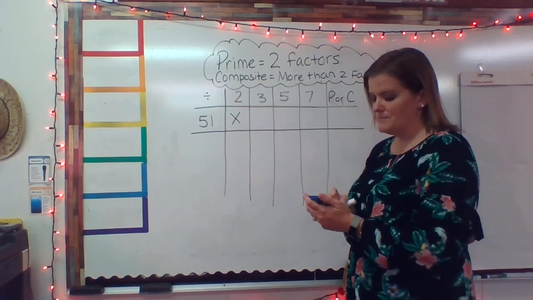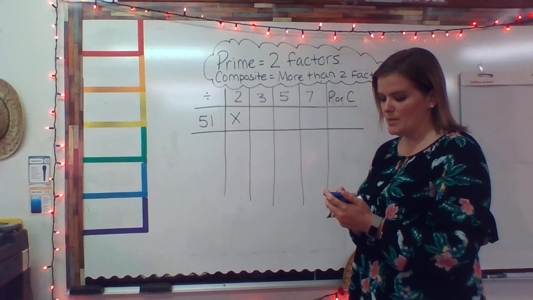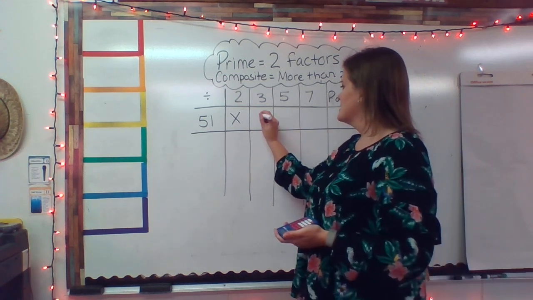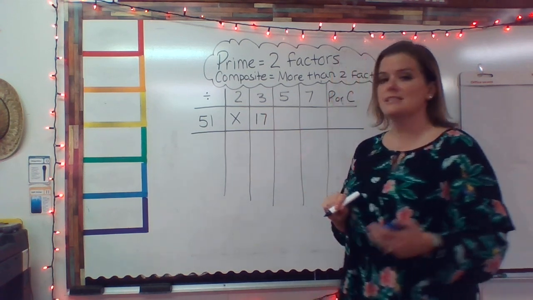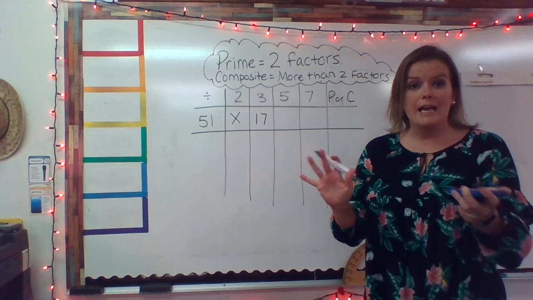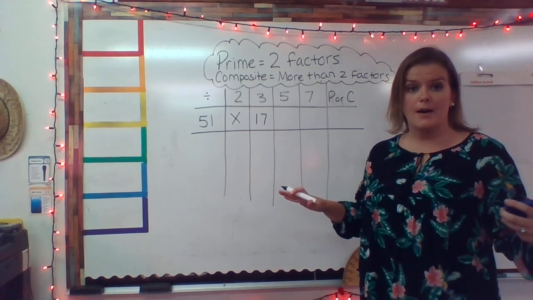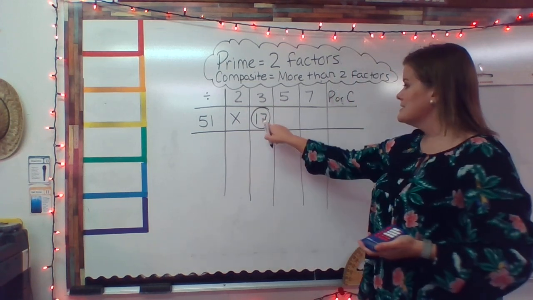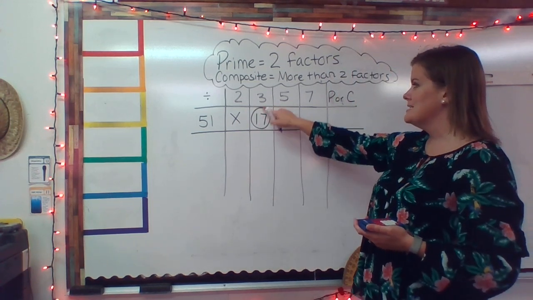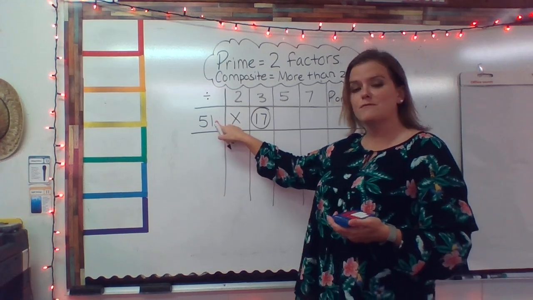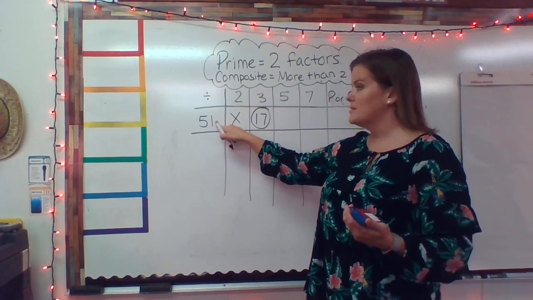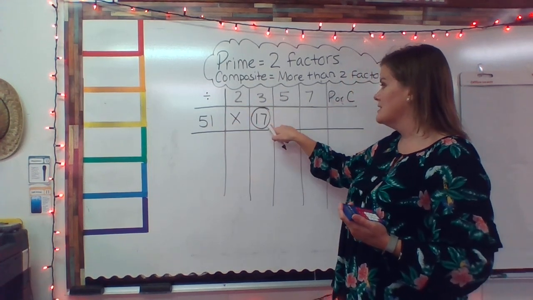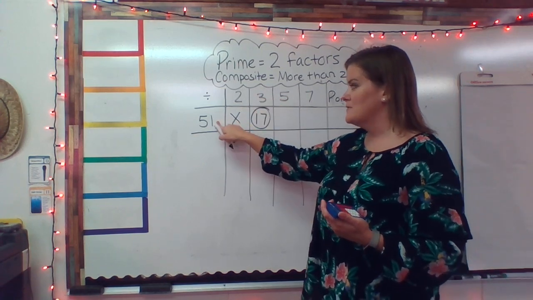51 divided by 3 is actually 17. So as soon as I get a whole number in my chart, anywhere at any point, I'm going to stop because my chart is now done. And so I'm going to circle it. And because I got a whole number, this tells me that 17 times 3 equals 51 because we're using a fact family. 51 divided by 3 is 17. 17 times 3 is 51.